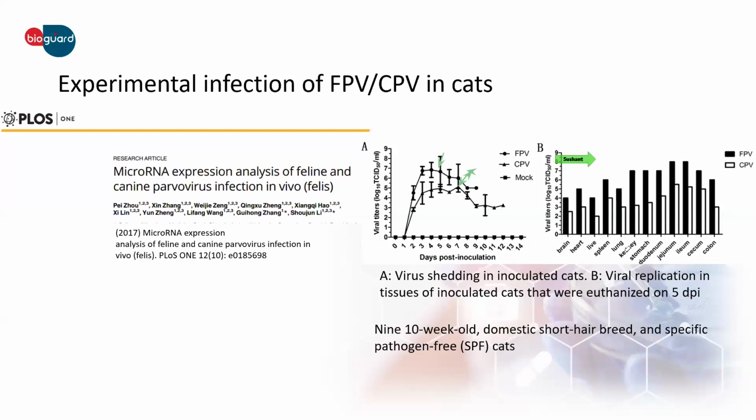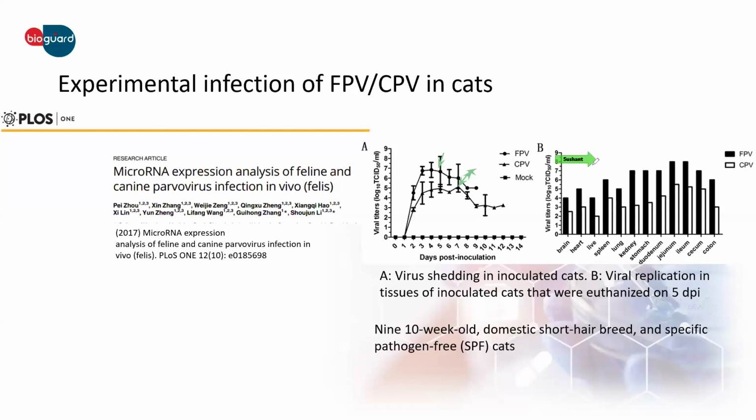They can detect the virus from the brain, heart, liver, spleen, lung, kidney, stomach, and also the intestine, and even the second column. In all those tissues, the virus can be isolated and titrated.